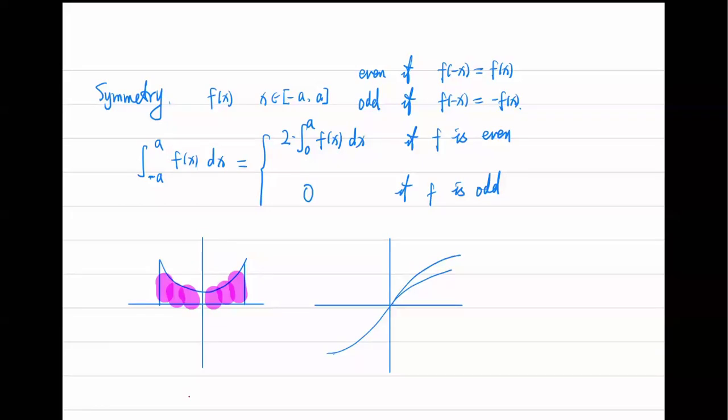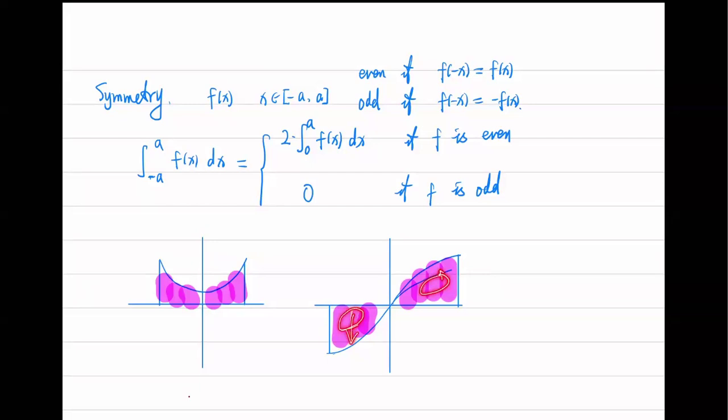Okay. Then, oops, wrong option. If it's odd, then this part has the same area, but with opposite signs.